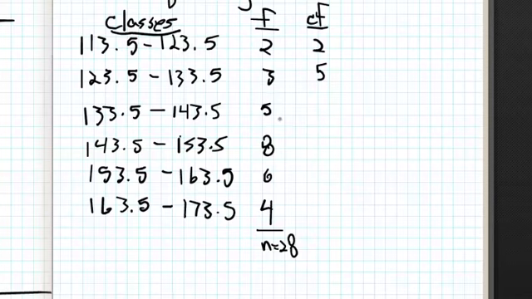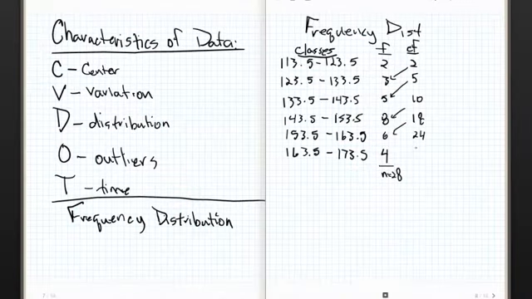All right? Now, for this guy, I have 2 plus 3 plus 5, and I get 10. Really, think about it this way. I add this guy to get 5. I add 5 to 5 to get 10. I'm going to add 10 to 8 to get 18. So this class right here picks up 18 plus 6, which is 24, and then 24 plus 4 is 28.